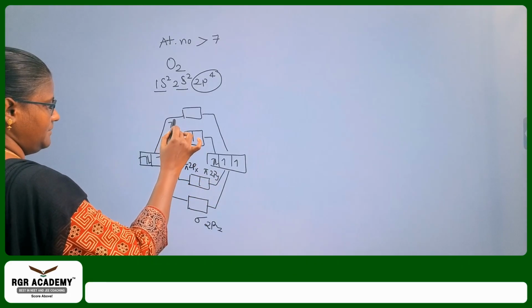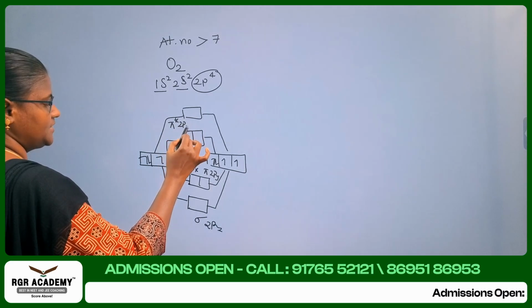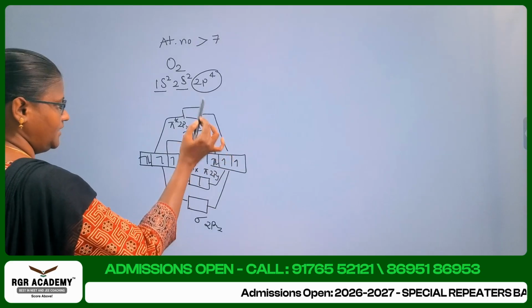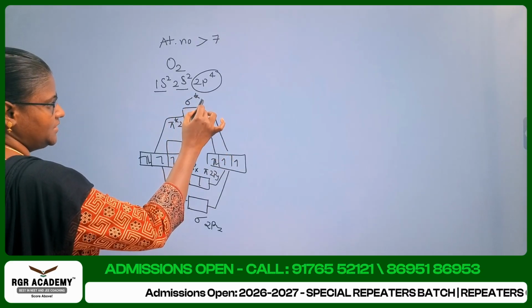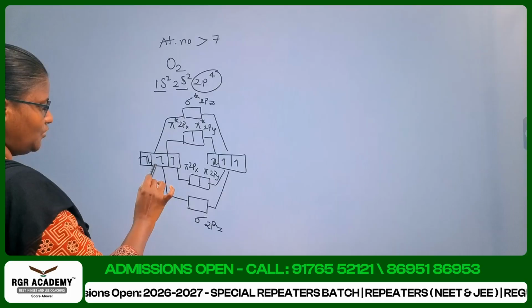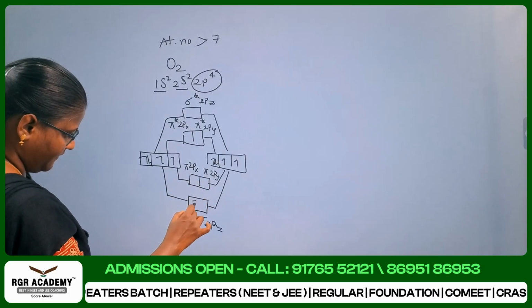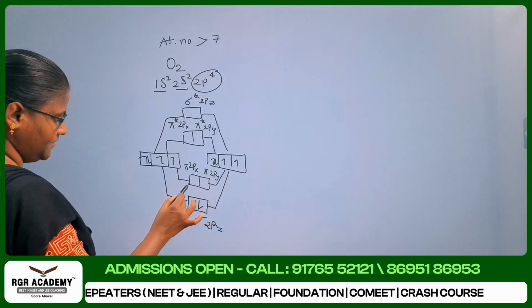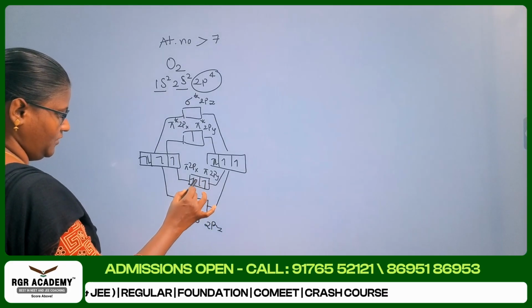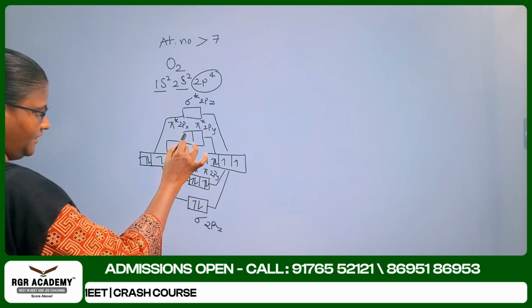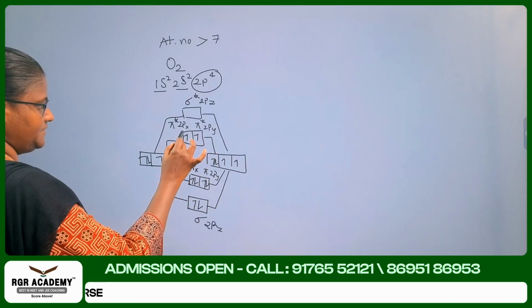This is pi asterisk 2px, pi asterisk 2py. This is sigma asterisk 2pz. Totally how many electrons? 8 electrons. How do we fill these 8 electrons? 1, 2, pairing here, 3, 4, 5, 6, again pairing here, and here 7 and 8.